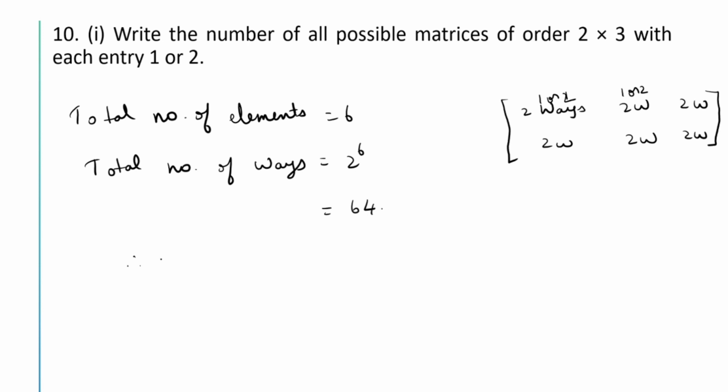Therefore, the number of all possible matrices of order 2 by 3 with each entry 1 or 2 will be equal to 64.